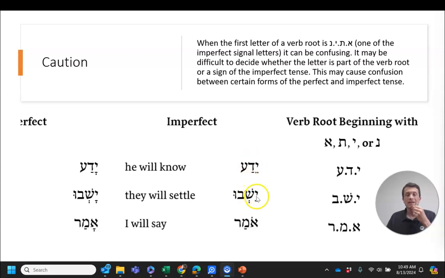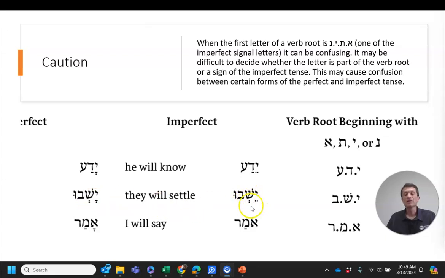Similarly, yeshavu, that looks like it potentially could be a third common plural perfect, right? Yashavu. The only difference between these 2 forms is the vowel under the first letter, a tsere or a kametz, the long A. The long A, if you remember back when we first introduced the perfect conjugation, that's a marker of the pa'al or the kal stem perfect conjugation.